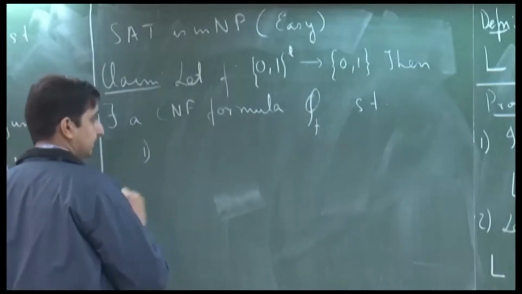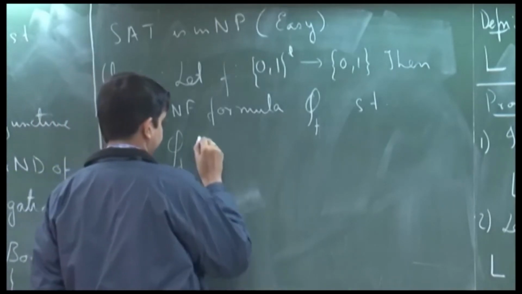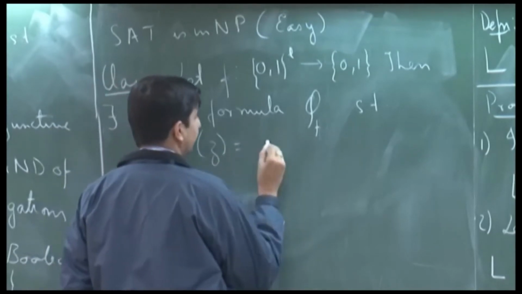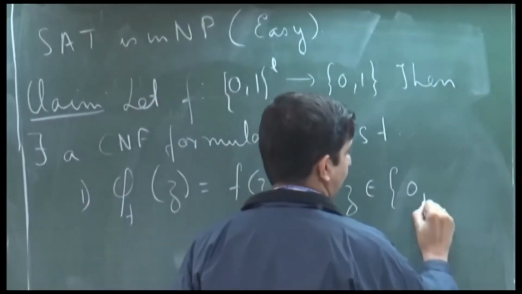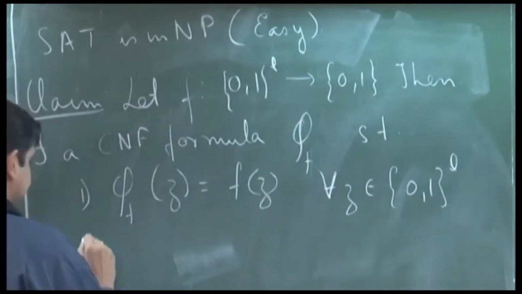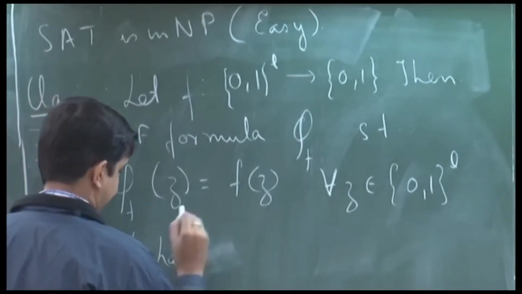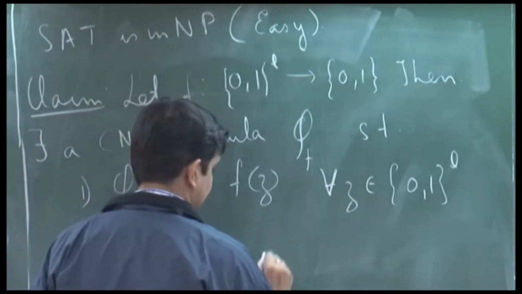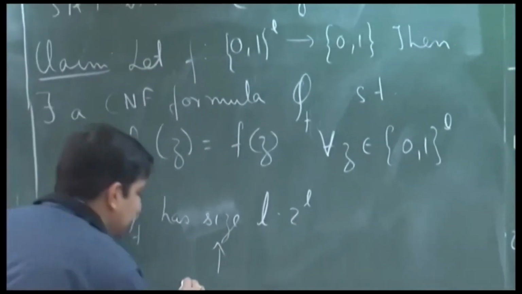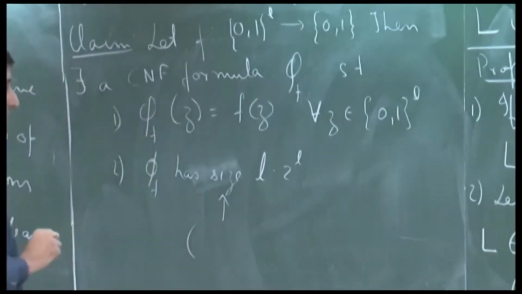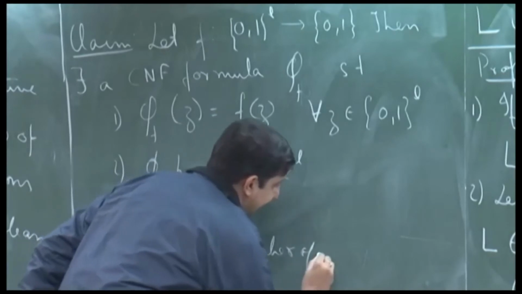such that it has two properties. Firstly, phi of f on any input z is equal to f of z, and secondly, this formula has size L times 2 to the power L. And by size, what we mean is the number of gates in the circuit.